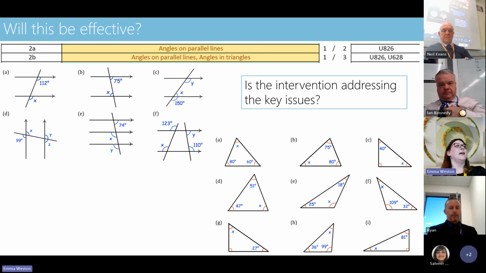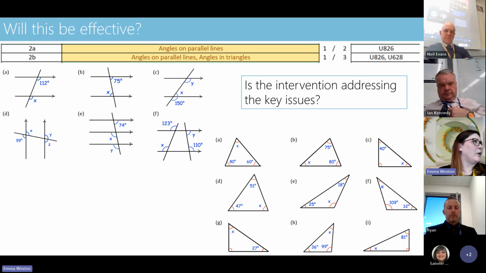Okay. So thinking more about how a standard intervention session might run. We've identified that our pupils are struggling with angles on parallel lines, and they've also lost marks on angles in triangles.